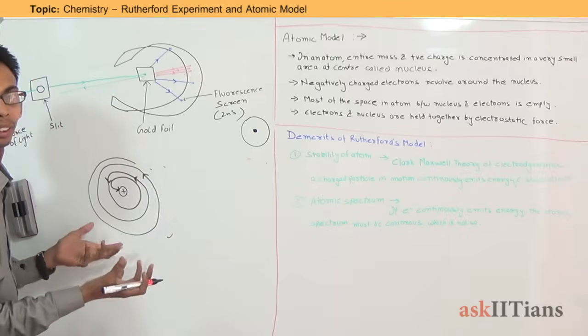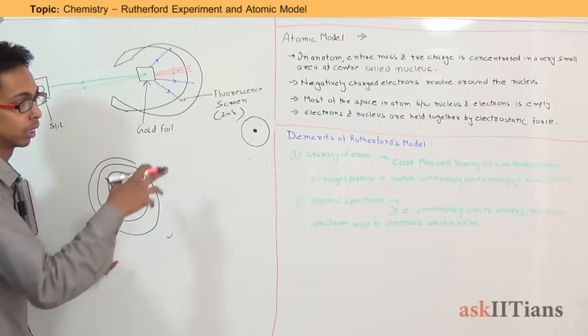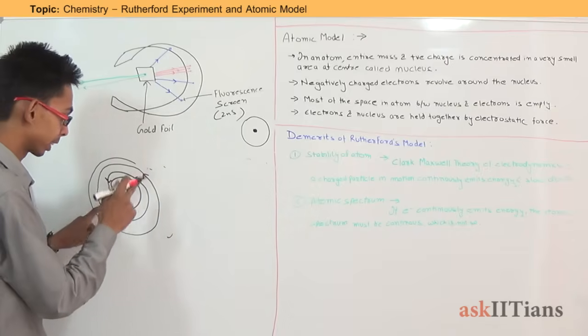That means the atom is not stable, but it is not so. Atoms are stable. So this was a demerit of Rutherford's model, that it was unable to explain this.